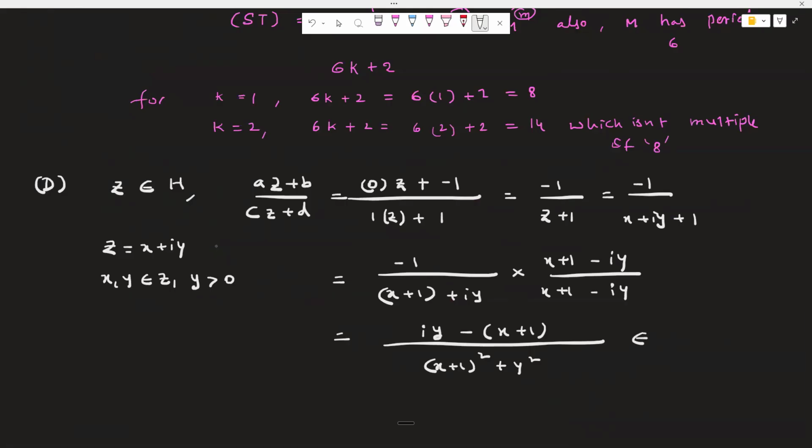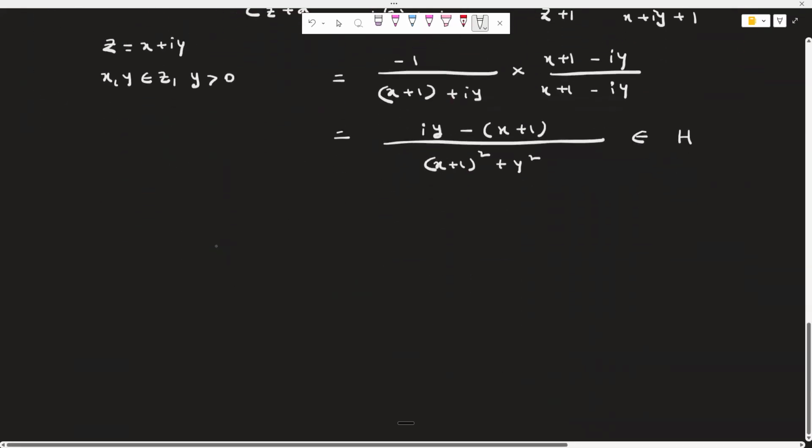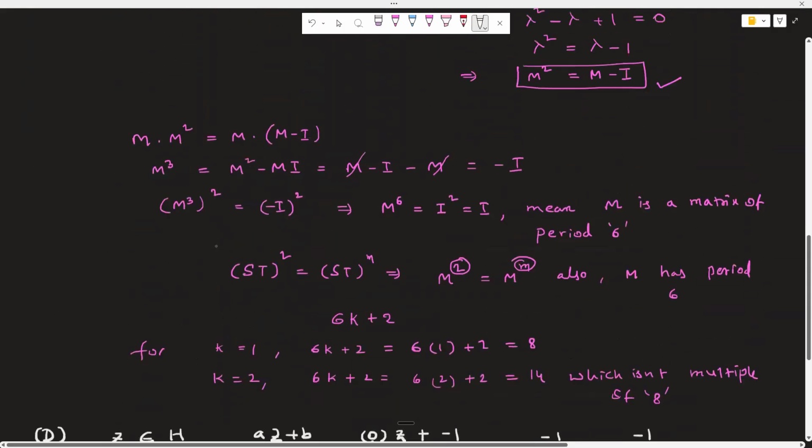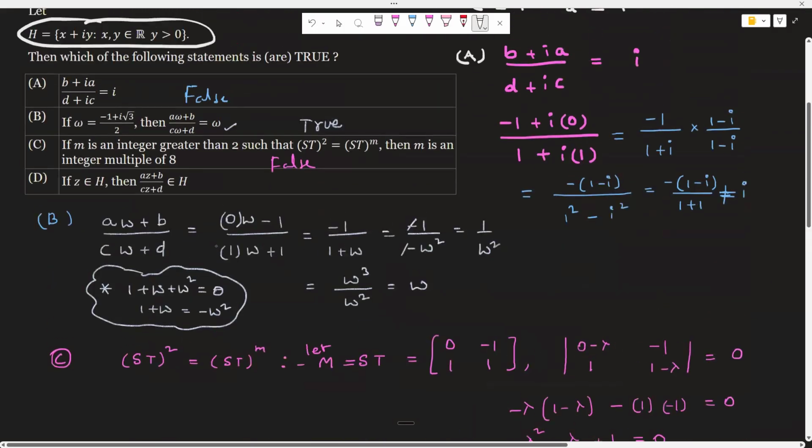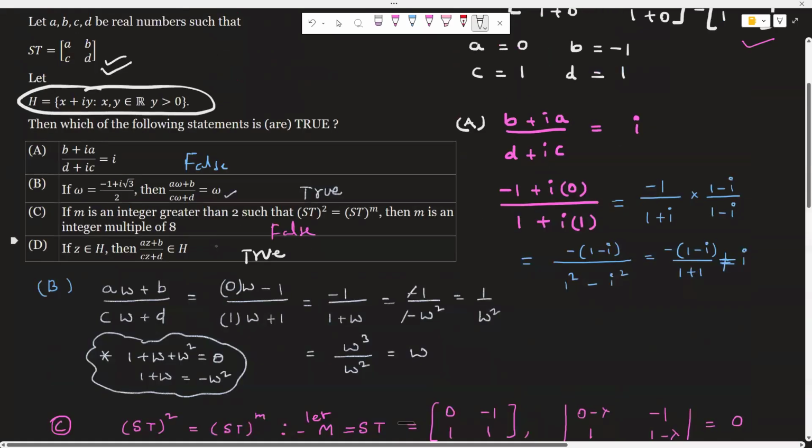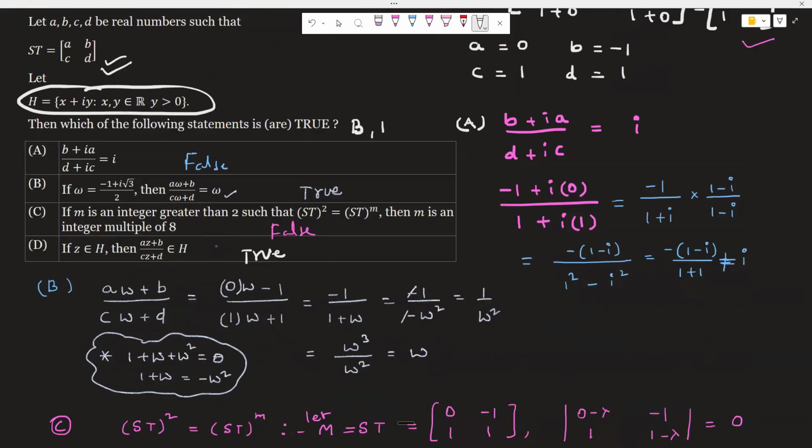Of course, this also belongs to H because here y is positive. So it satisfies the rules for the set H. Therefore, this is a true option. So this is also true. Out of all, which are true? Option B and option D are true for this question.